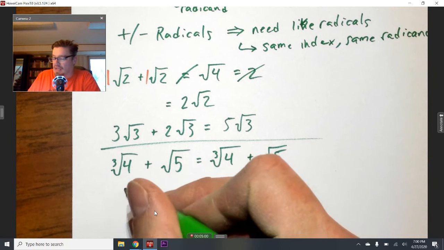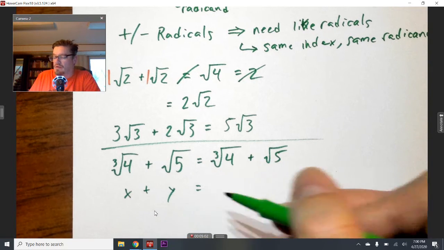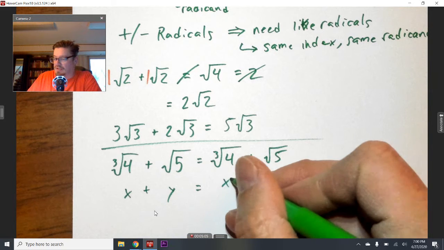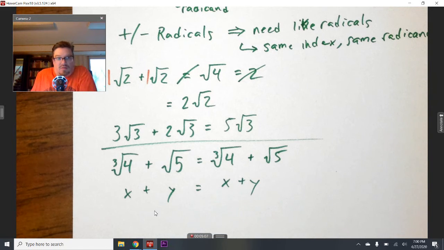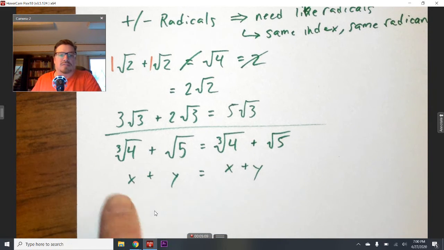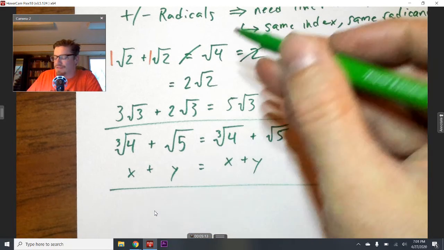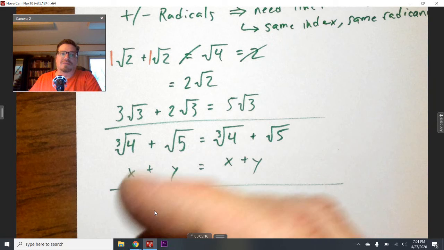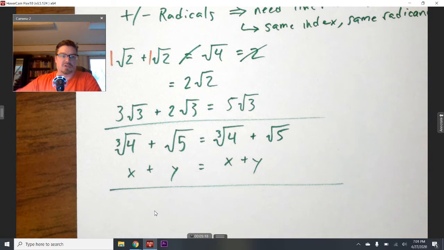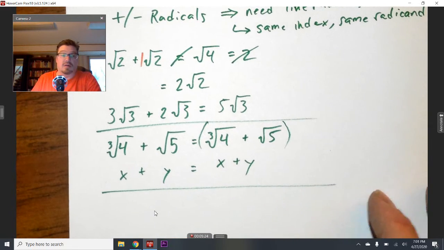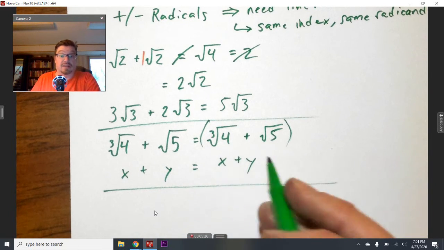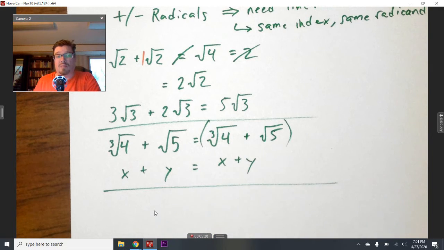It's almost like asking what's x plus y? I don't know what x equals or what y equals. It is what it is. If they don't have the same index and the same radicand, you can't add them together as an expression. You can add them on your calculator, no big deal, but it's not going to be pretty. Sometimes mathematicians or scientists would prefer it like this because those are exact numbers. They don't have to worry about decimal places.